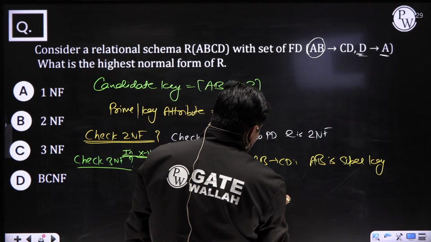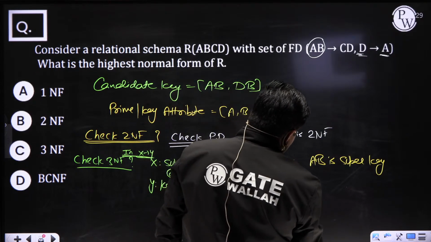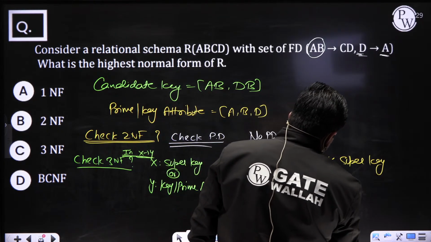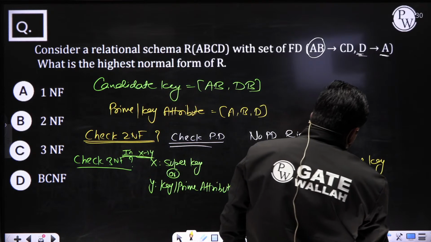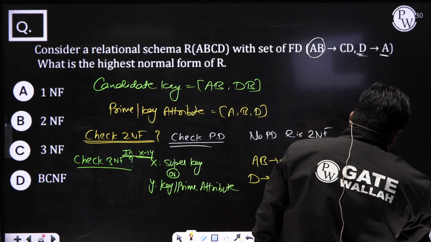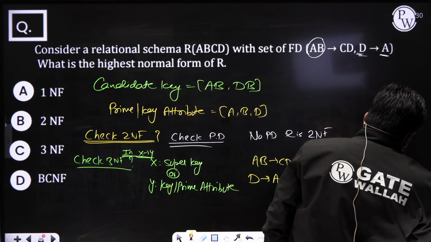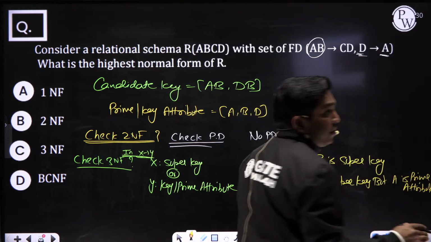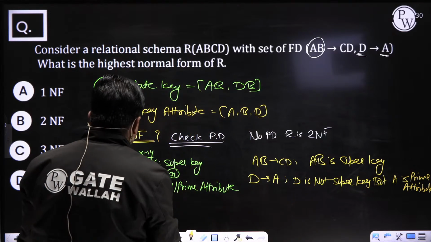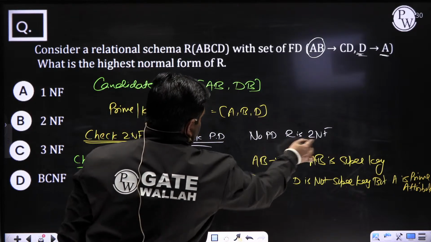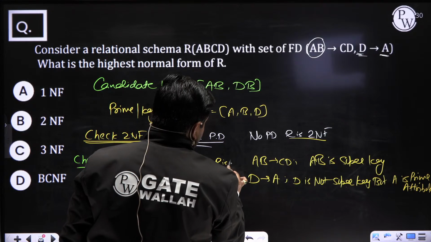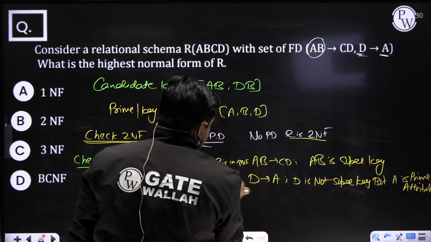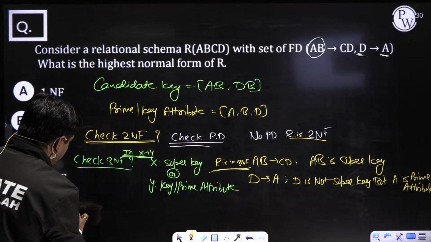In D tends to A, D is not super key, but A is a prime attribute, my dear. So it is in 3NF. R is in 3NF.